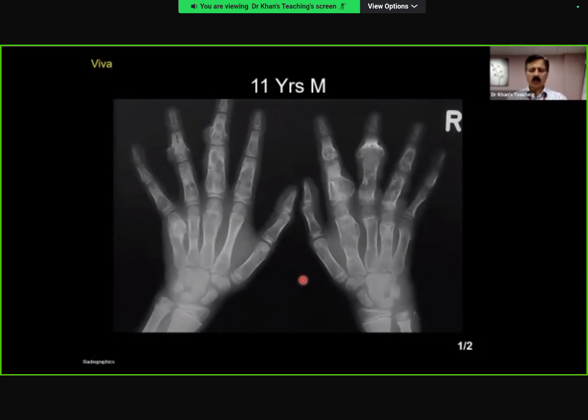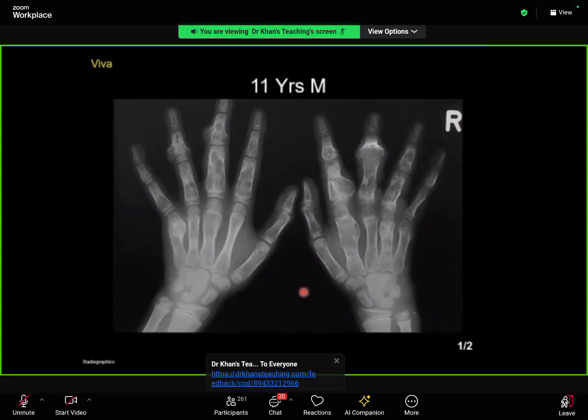Okay, this is a very, very good case, and a classical exam case. Over to you. So all of you should concentrate on this case. These are bilateral frontal radiographs of the hands of an 11-year-old male patient.